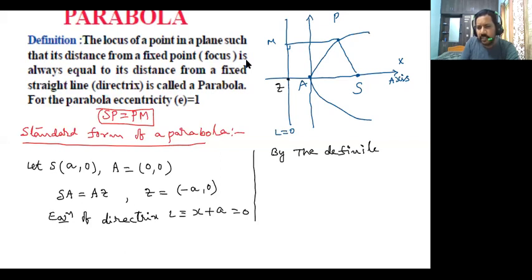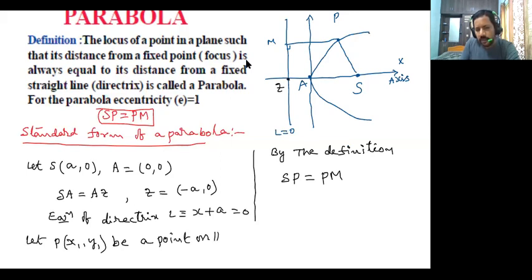SP is equal to PM. What is P here? Let P (x1, y1) be a point on the locus.